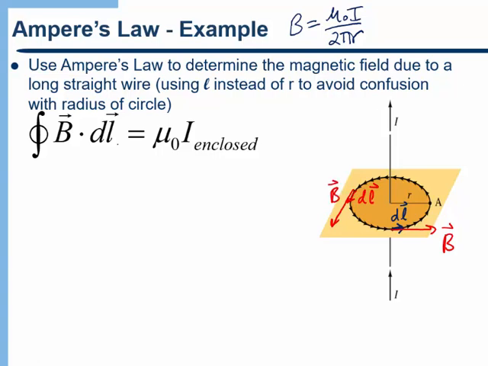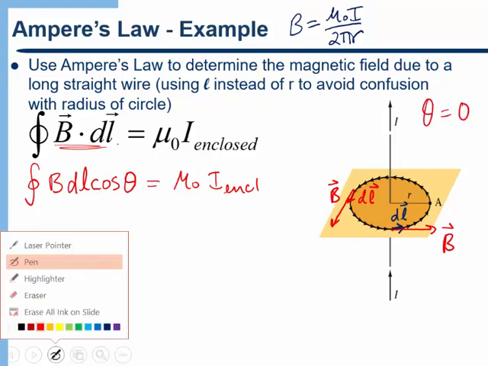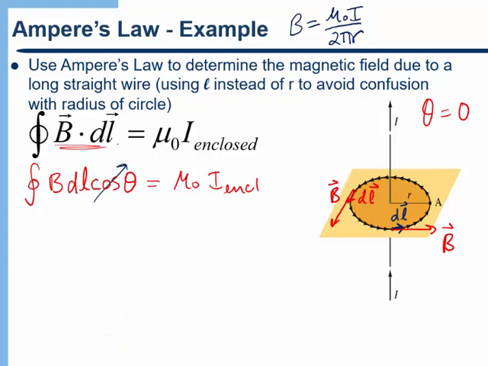So the first thing that we always have to do if we've got a dot product stuck in here is we have to do the dot product. But that's just the magnitude of B, magnitude of dl, cosine of the angle between them. And again, in this case, we see that theta is 0, and so that cosine theta is just going to go to 1.